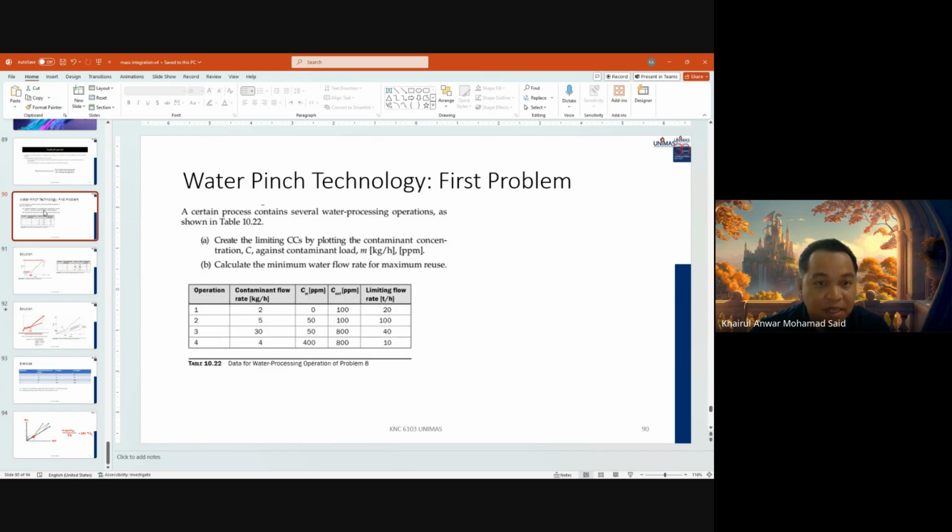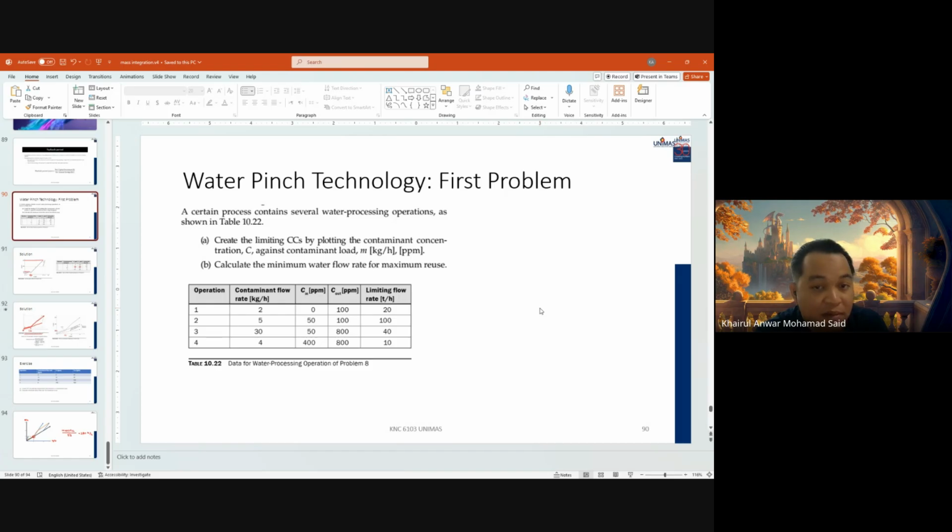Actually, problem eight. So the baseline no water reuse is 112.5 ton per hour of fresh water.